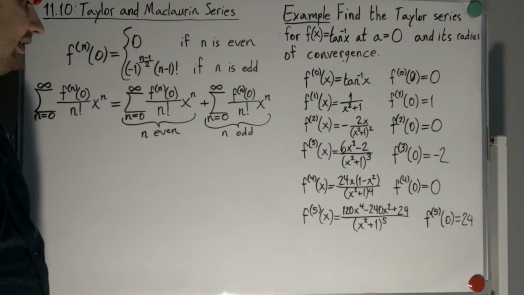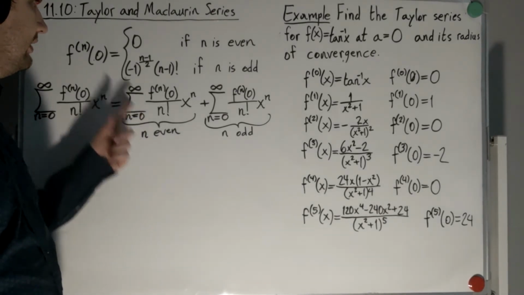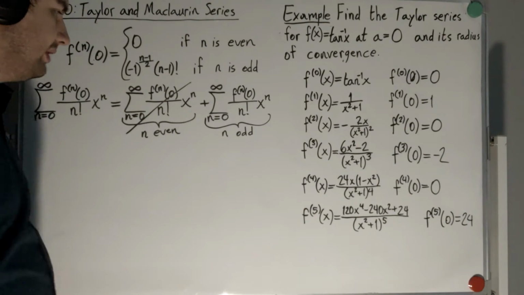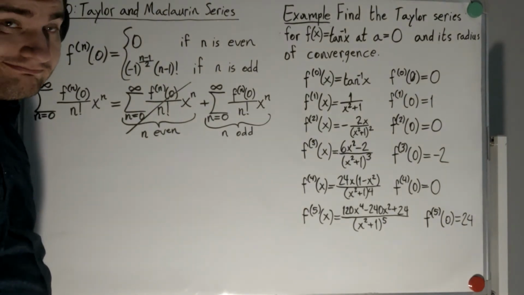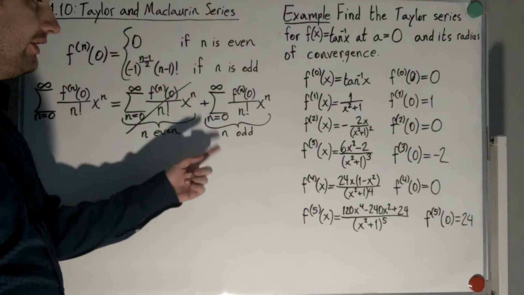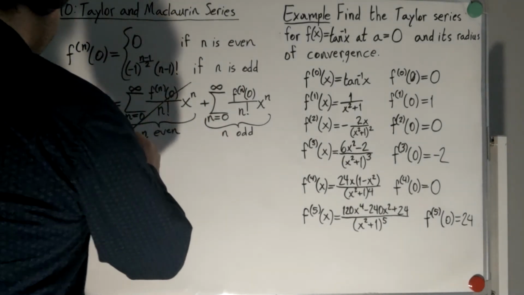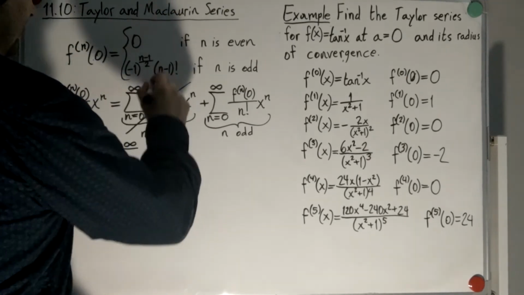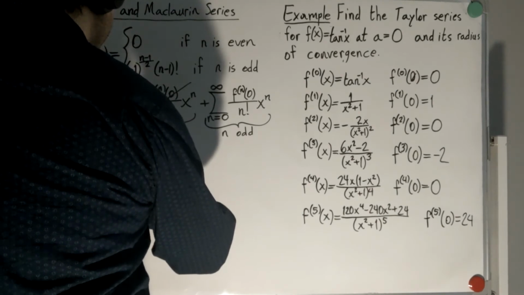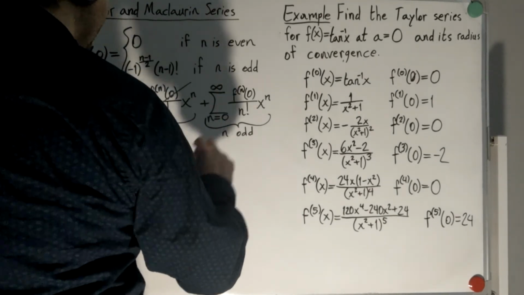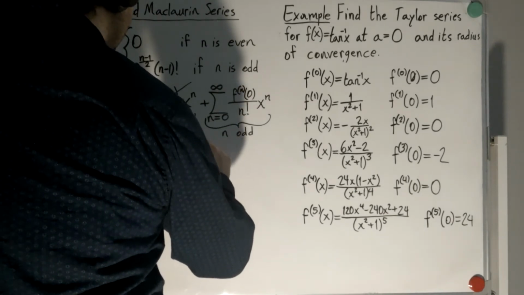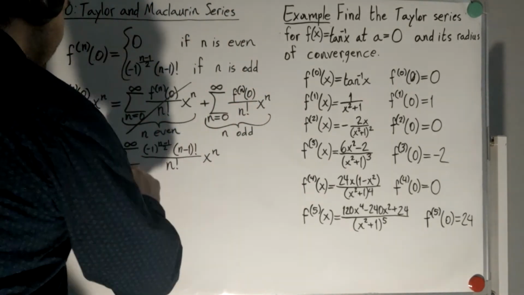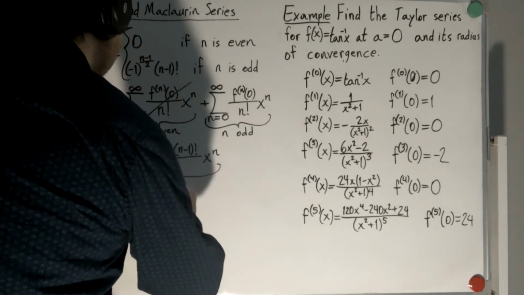Okay, well, when n is even, the nth derivative at 0 is always 0, right? So this just vanishes. It just becomes a sum of zeros. This one, on the other hand, becomes the sum from n equals 0 to infinity of -1 to the (n minus 1) over 2 times (n minus 1) factorial divided by n factorial times x to the n, and this is specifically when n is odd.